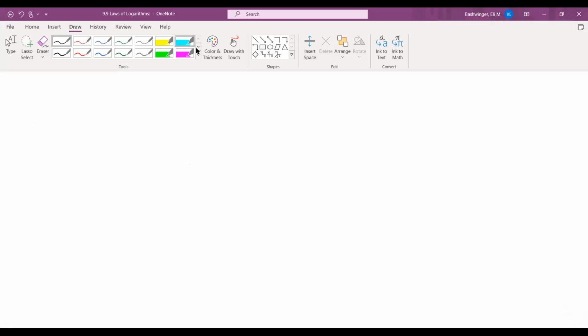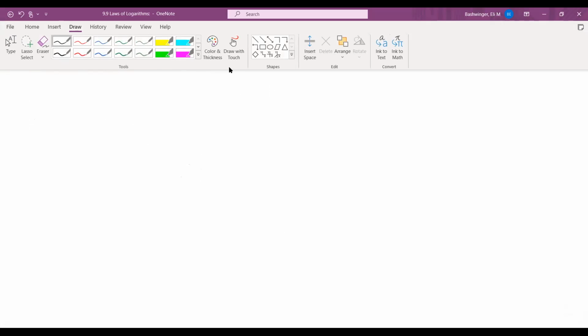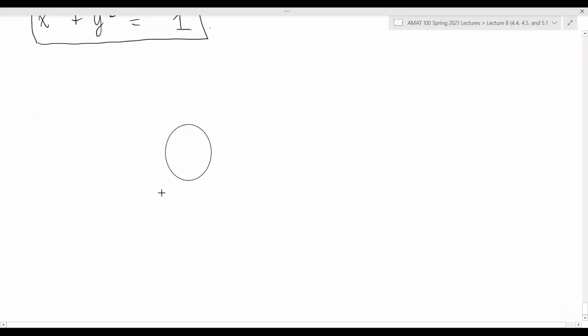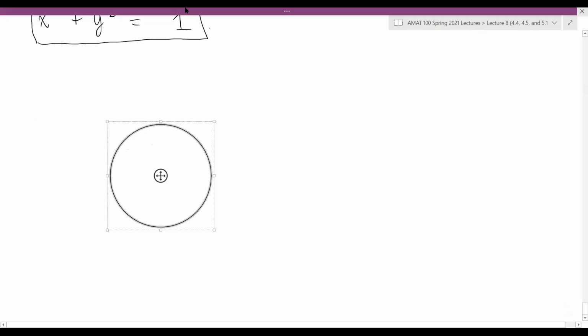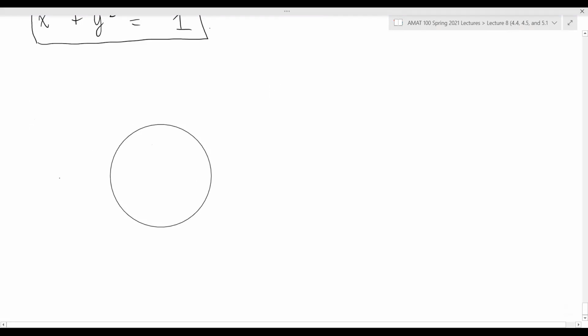I've never really used this tool right here. Can I draw it? Something like that. So let's say that's our unit circle right there. And I'll just draw on the axes. It's not going to be perfect, but it's the best I can do. So this is our unit circle right here.